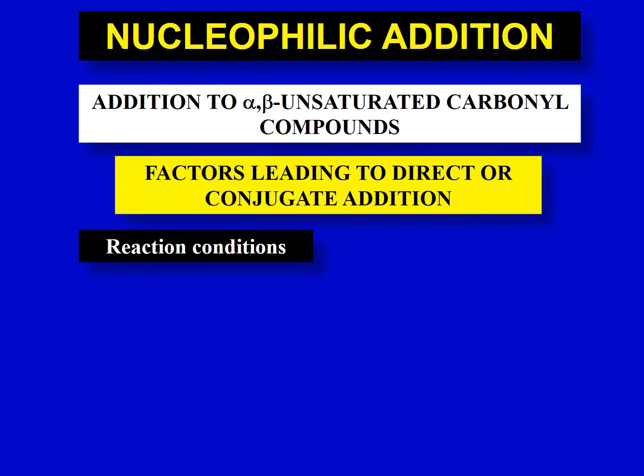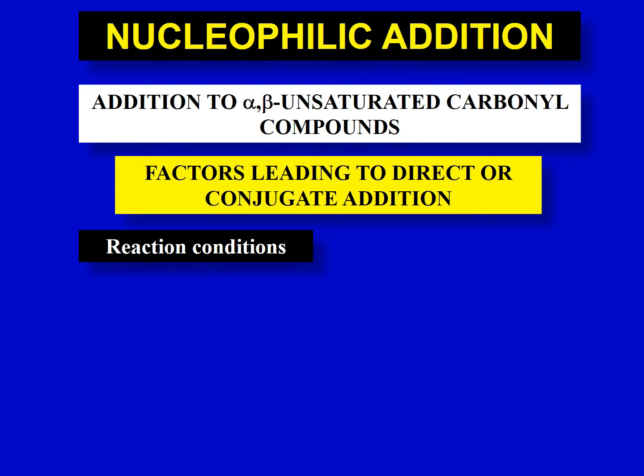So let's see how reaction conditions may lead to the formation of a direct addition product or a conjugate addition product. You already know that when we try to analyze the effect of a variable on a particular process, we need to keep everything else constant.